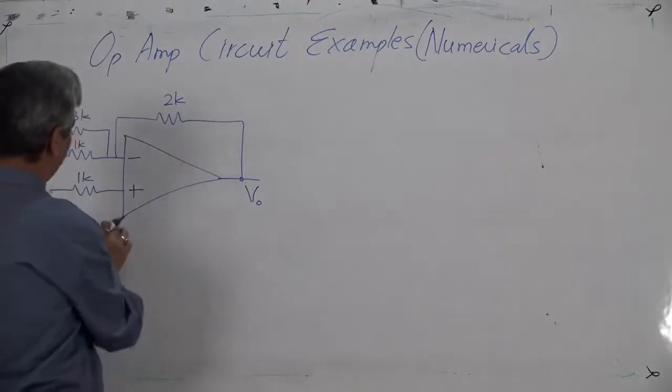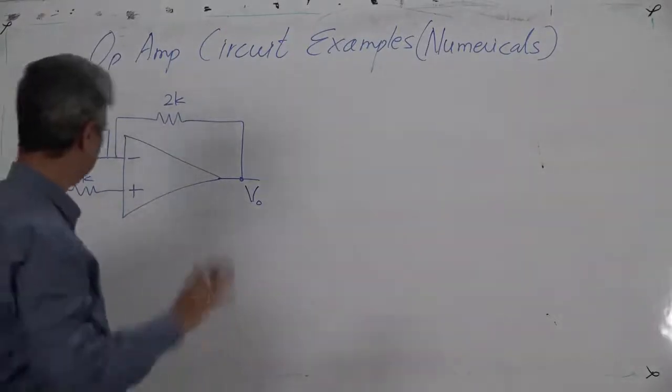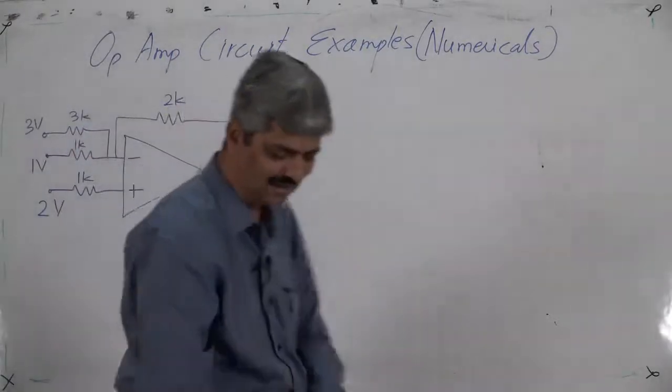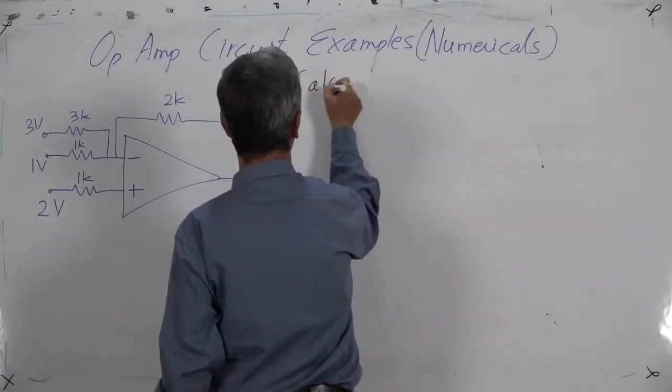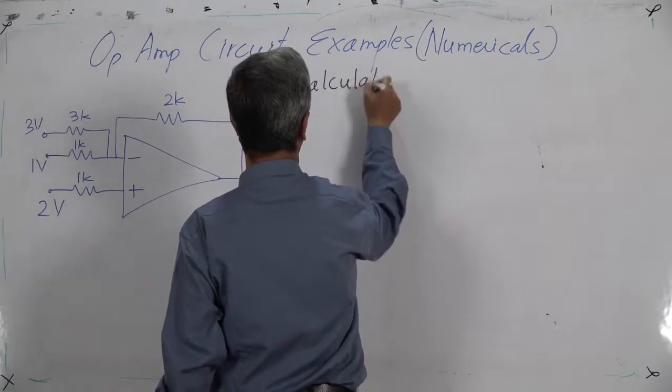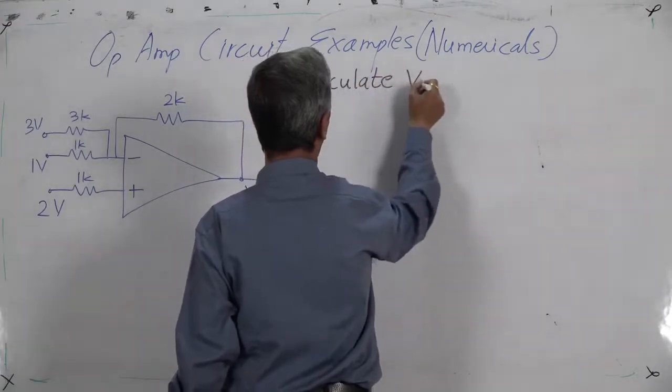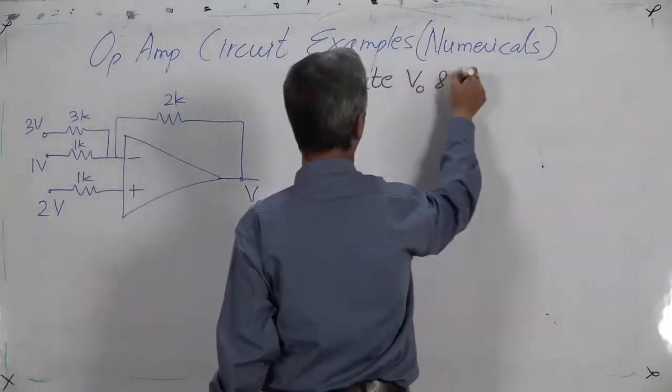And each time the question remains the same: calculate VO and VB.